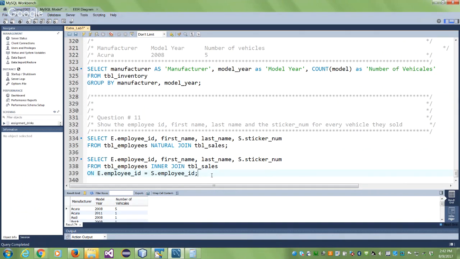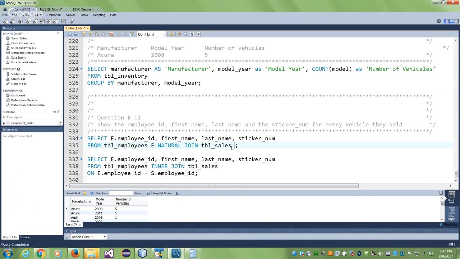So that's an inner join on employee ID. And again, if there is no ambiguity, you don't have to mention it. I knew that I would need the number, therefore I went with E and S. Oh, where are my E and S? Sorry. That's an E.